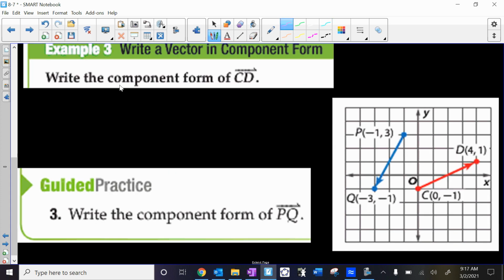First one that we want to do is write the component form of CD so we can put it in standard position. Notice standard position we said would be at the origin. Notice C is not at the origin. It's at (0, -1).